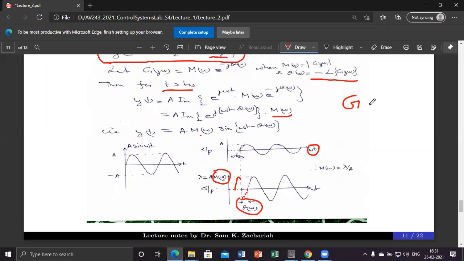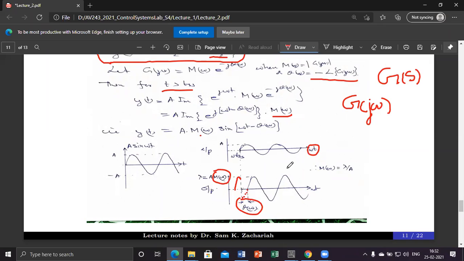And G of j omega has got a special name. It is called the sinusoidal transfer function of the system, where G of s is the general transfer function in the Laplace variable. If you replace s by j omega, it is called the sinusoidal transfer function. And G of j omega can be directly correlated with the experimental result.